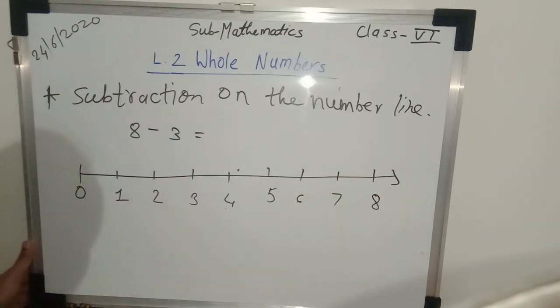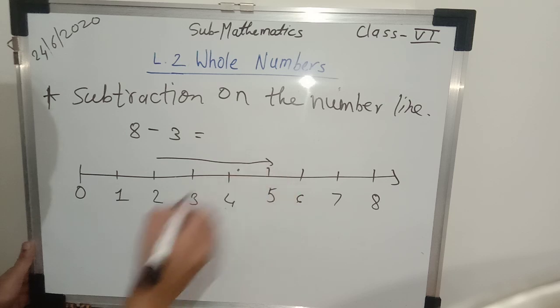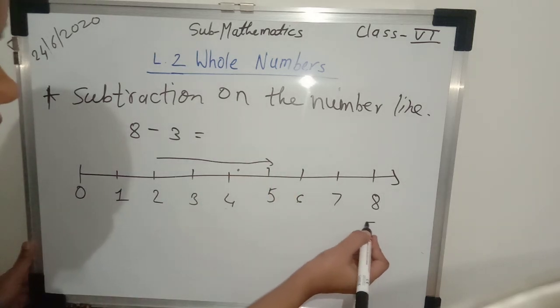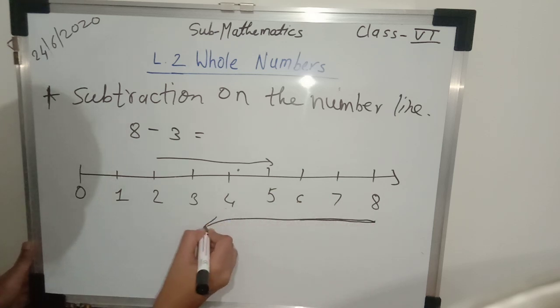One more important thing, students: when you are adding any whole numbers, you have to go from left to right. But when you are subtracting, you have to move from right to left.